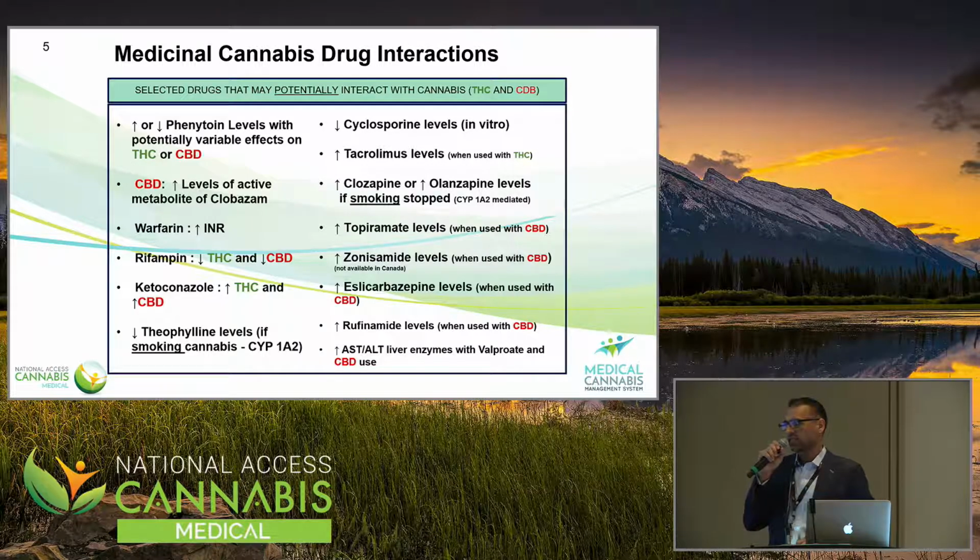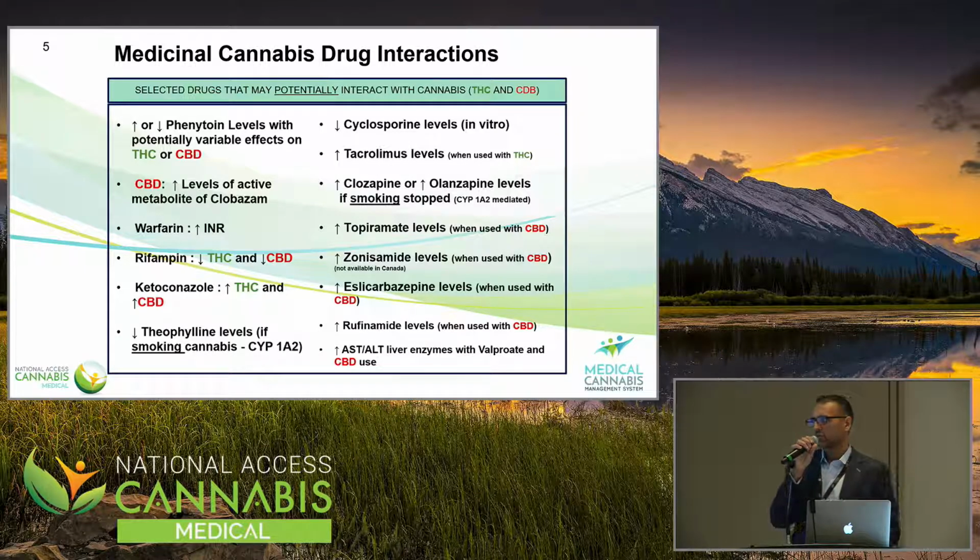Theophylline, it's used in asthma patients. So the levels of theophylline can decrease, more so if you're smoking cannabis. That's when the 1A2 is induced. Cyclosporin, used in transplant patients to prevent rejection.